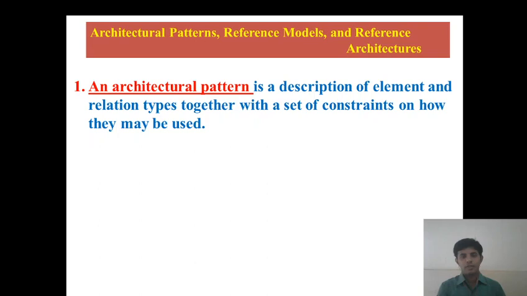Modules are nothing but the elements you are considering in your project. In the previous example, college, we considered college a major module, and departments and library and so on are the sub modules. Architectural pattern uses the constraints we apply on the modules. On the college module, what constraints can you use?